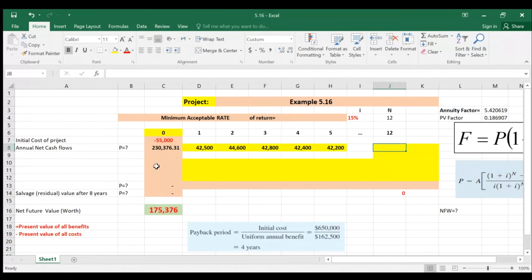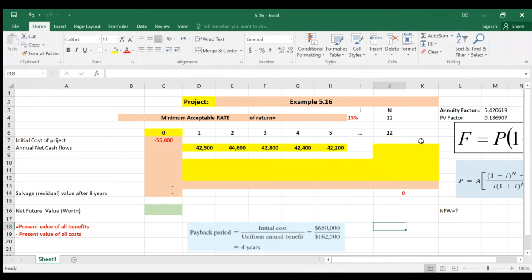So in this question we don't have to calculate a P, right? So we don't need this one. What we need to calculate is the F for these 5 cash flows. So what we are going to do is calculate the F for each of them, right?